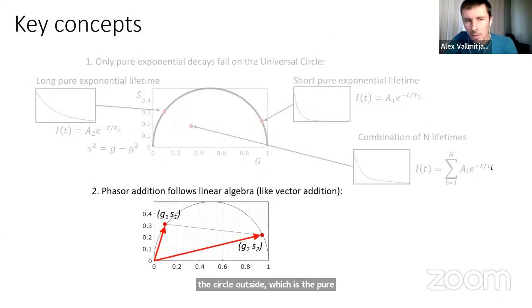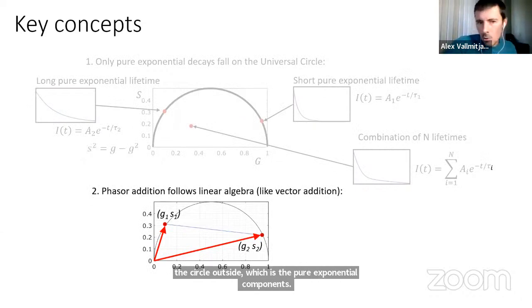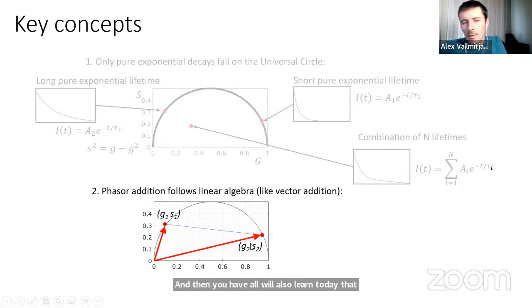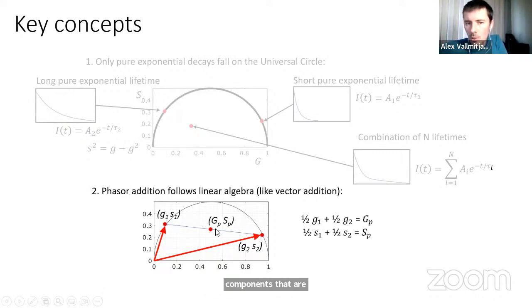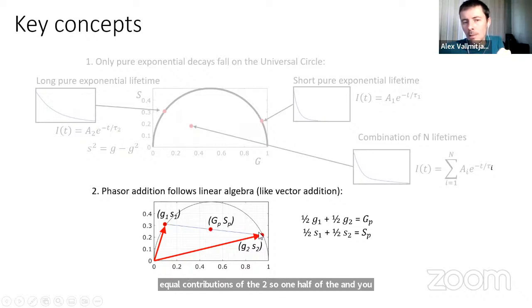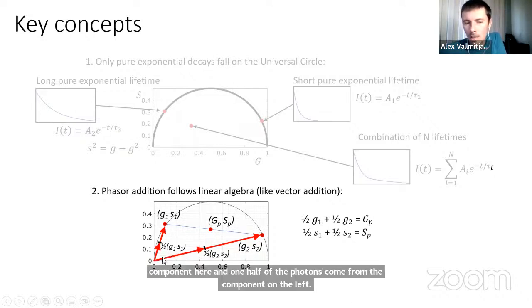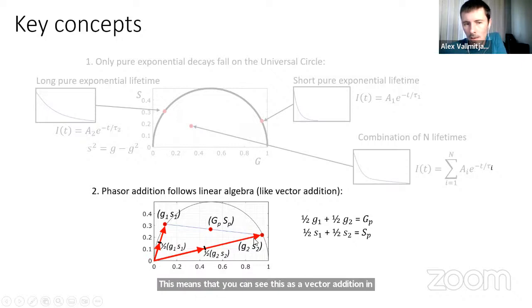And then you have also learned today that phasor addition follows linear algebra. So if you have 2 components in some positions and you have equal contributions of the two, so 1/2 of the photons come from this component here and 1/2 of the photons come from the component on the left, this means that you can see this as a vector addition in which half this vector plus half this vector takes you to the mean position halfway across the line that joins the two.